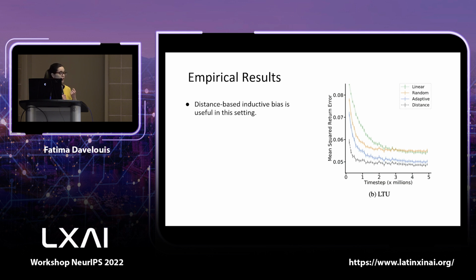The green line just shows a simple linear architecture. The orange line is just random neighborhoods. In blue is our approach, which adapts the neighborhoods online. And in gray, we have a calibration method, which hard codes the closest observation components in each neighborhood.